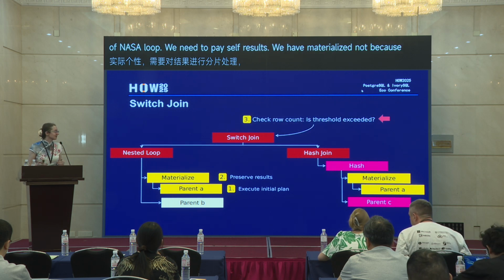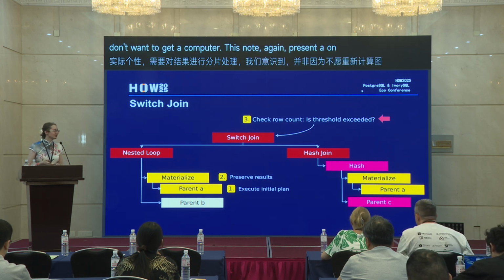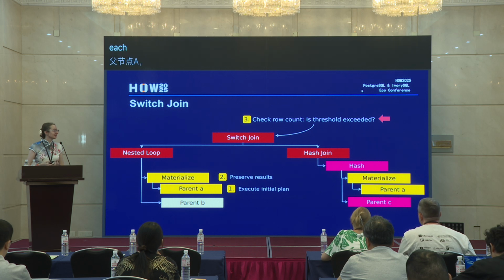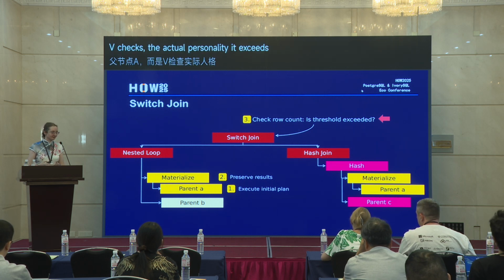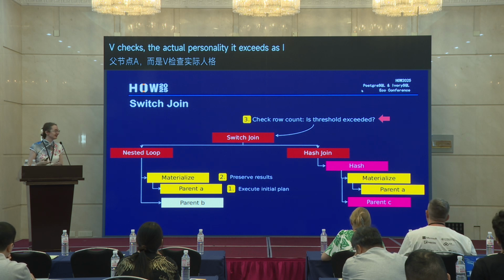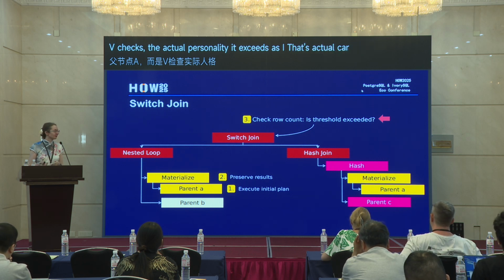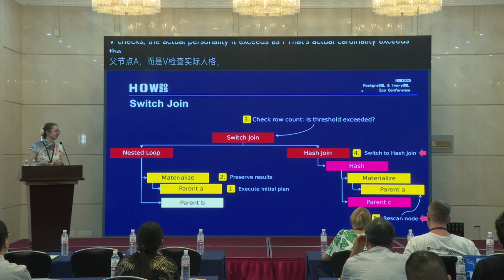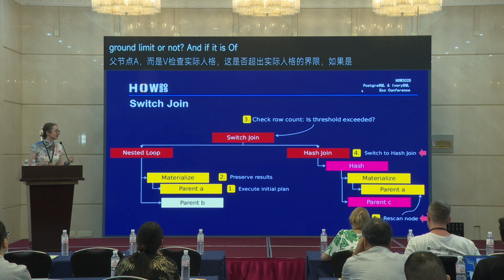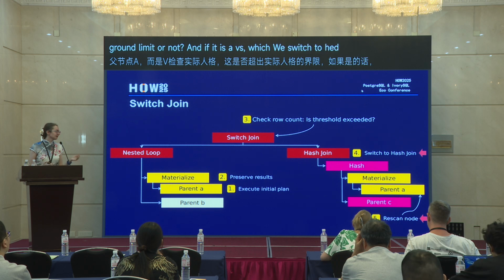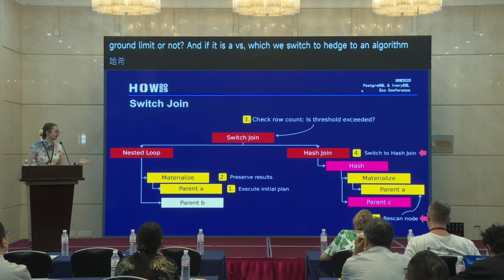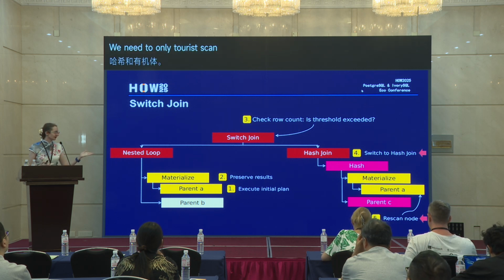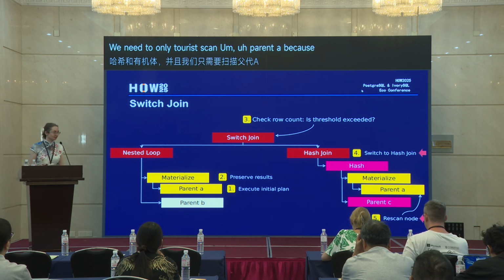And we check: does the actual cardinality exceed the row count limit or not? If it does, we switch to the hash join algorithm, and we only need to rescan parent A, because we preserved results before via the materialized node.